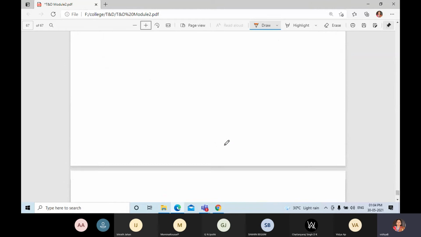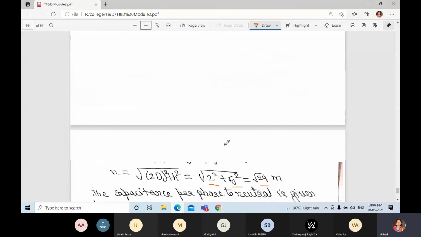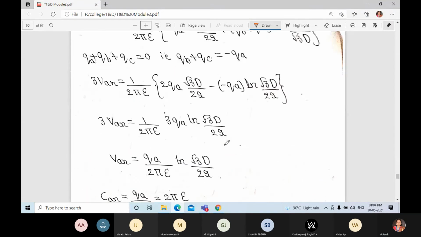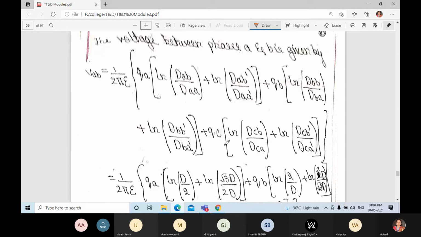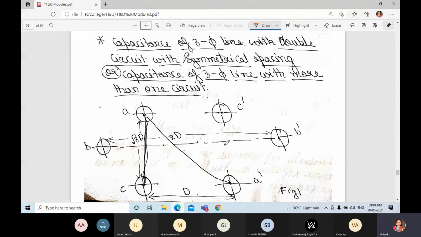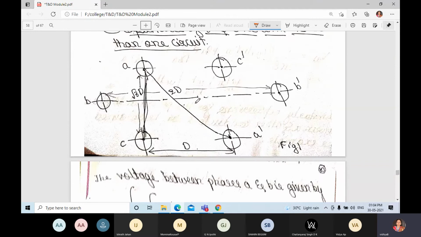One topic I had left, I'll complete it now. We need to read about the capacitance of a three-phase double circuit with symmetrical spacing. This is the last topic which I need to explain.